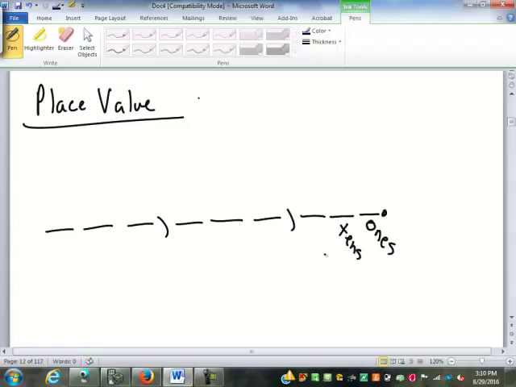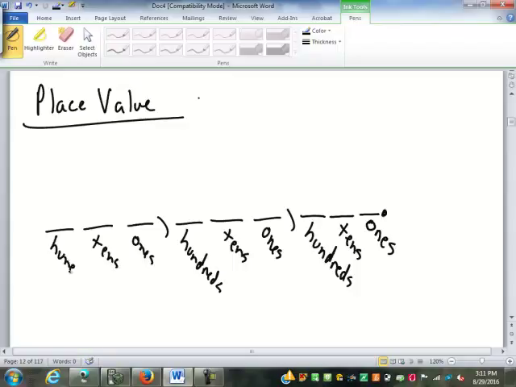Tens and hundreds. And those are actually the only 3 place values. They get repeated over and over again. Ones, tens, hundreds, ones, tens, and hundreds. And over and over and over again.